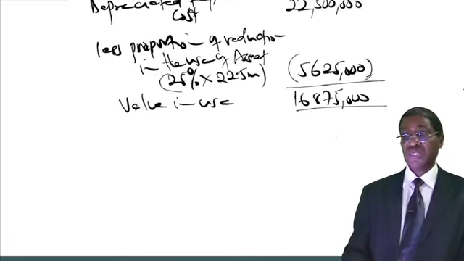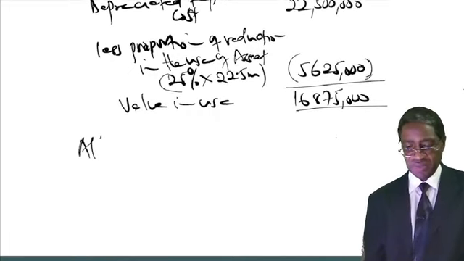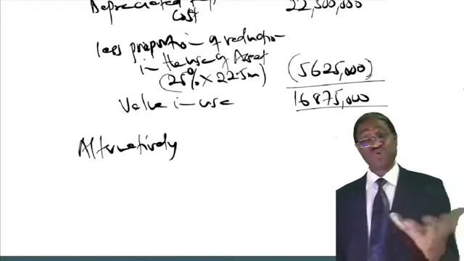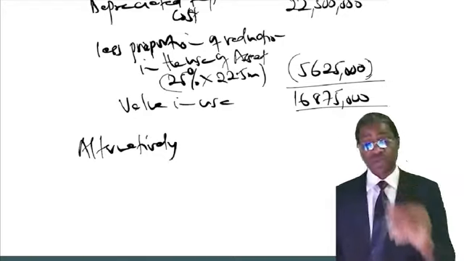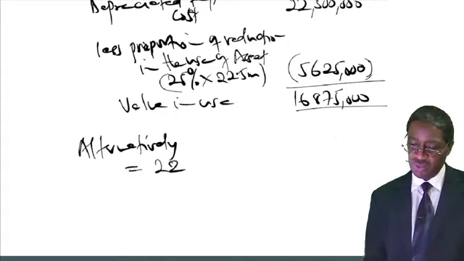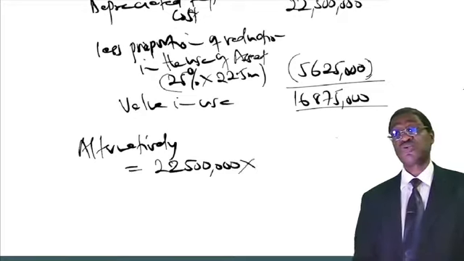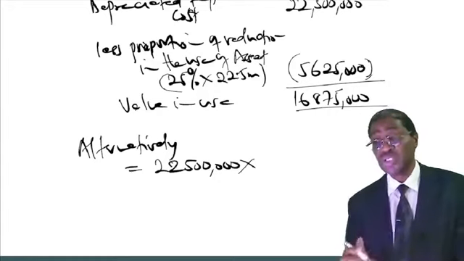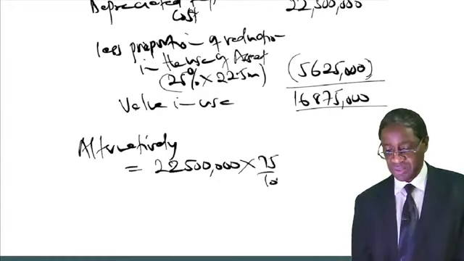Okay. Then alternatively, or for exam purposes, you don't have to tell the examiner. Our depreciated replacement cost was 22,500. It lost 25%, but the remaining service potential is 75%.